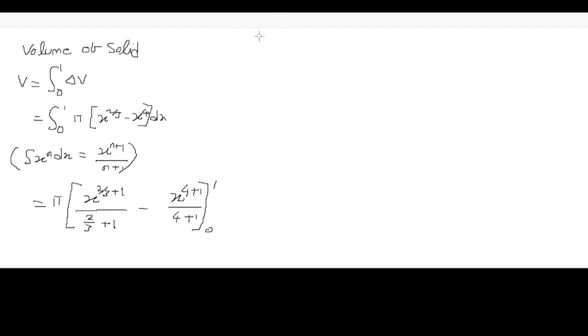Now simply we have to calculate this to find the final volume of the solid.